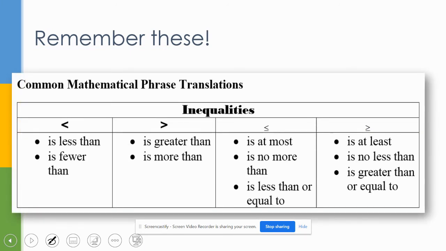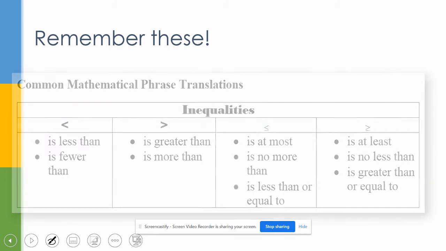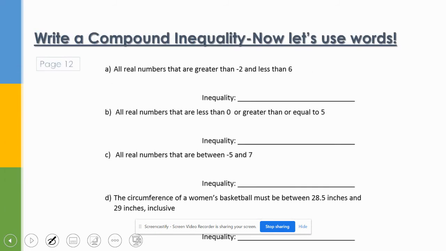So these are some words that are on your note sheet, just something that is important to note when we're looking at inequalities, and especially inequalities with word problems. All real numbers that are greater than -2 and less than 6. So there's an and there. Greater than or equal to -2.